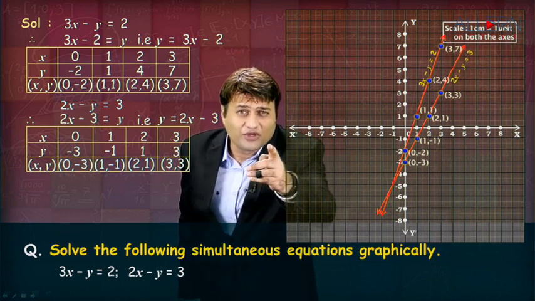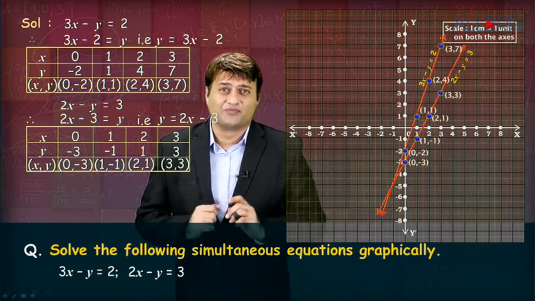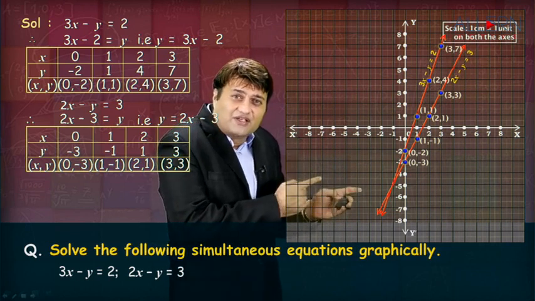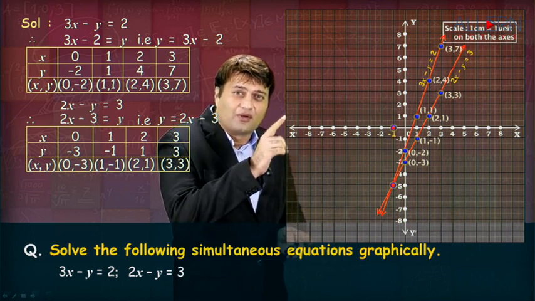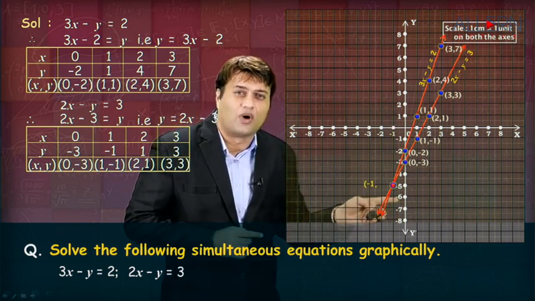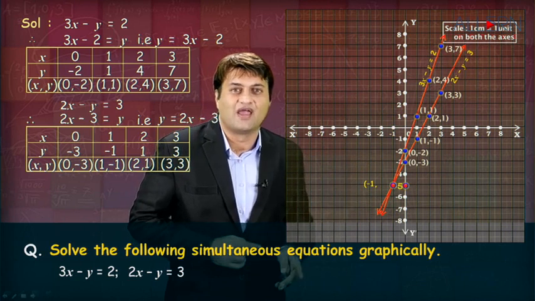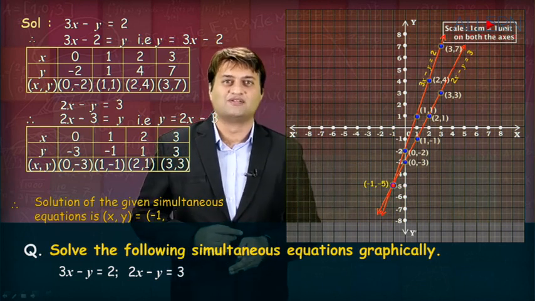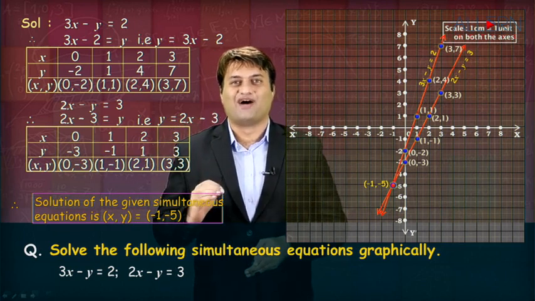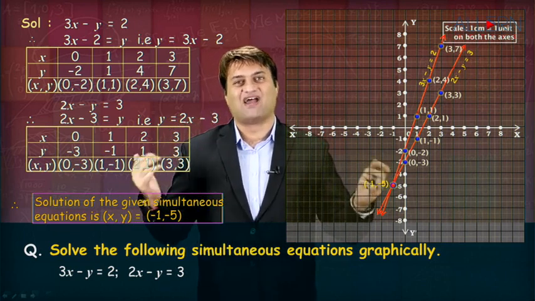Now carefully look at the point of intersection here. The point of intersection here, if you see, is minus 1 on the x-axis and minus 5 on the y-axis. So the point is minus 1, minus 5. As simple as that.